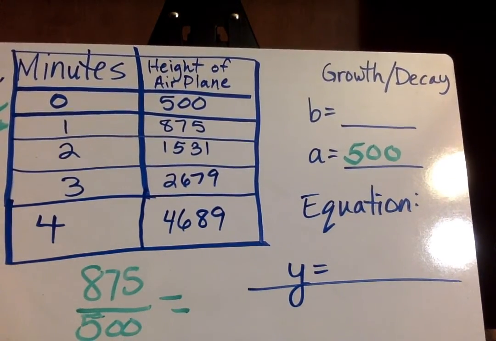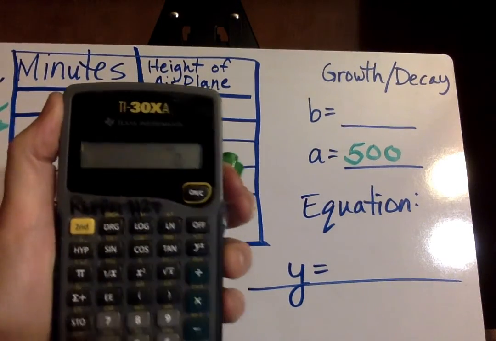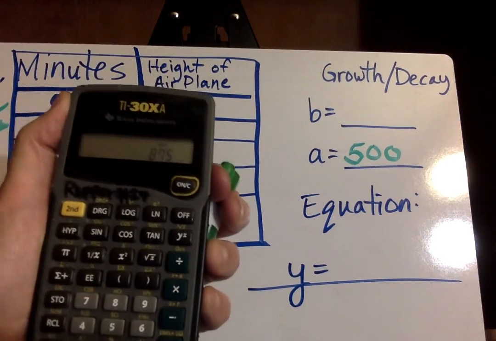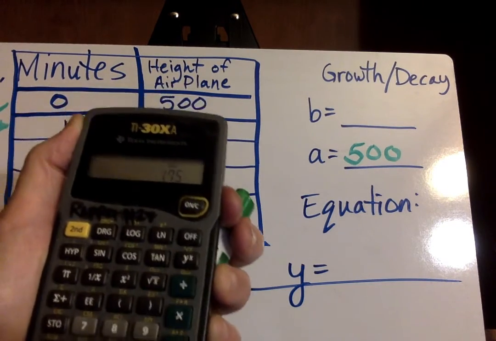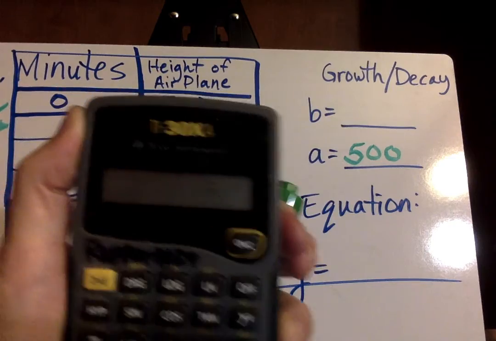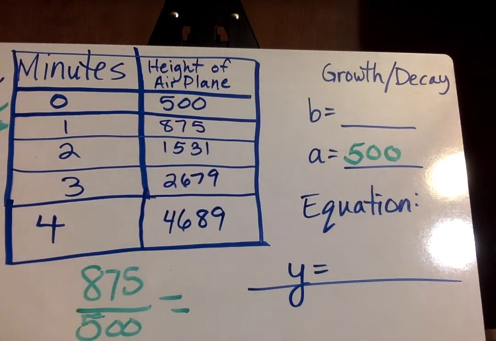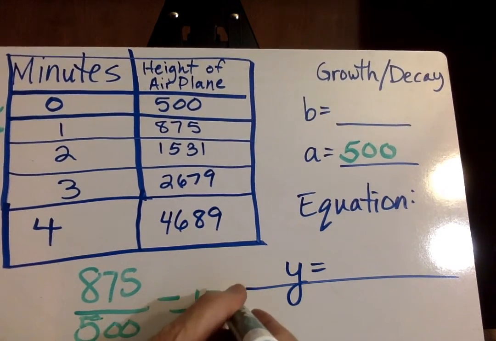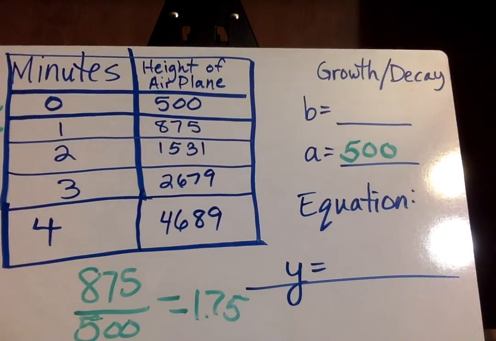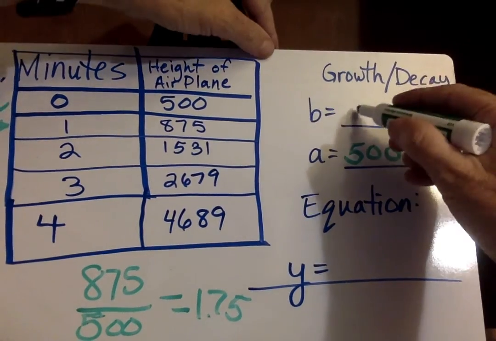Take your handy calculator. And we get 875 divided by 500. Can you see that? And the answer is 1.75. Okay, so we say B is 1.75.